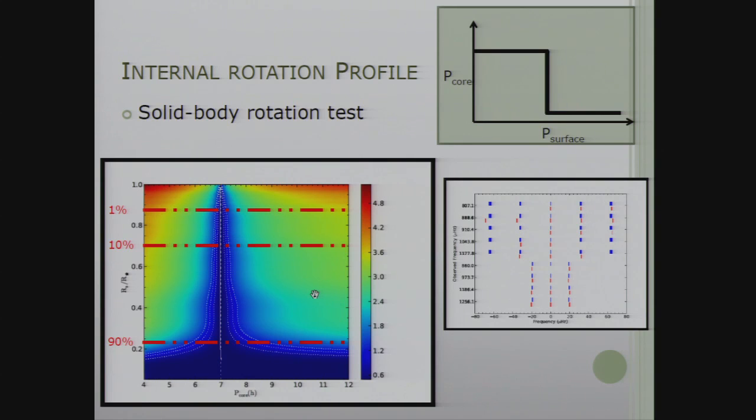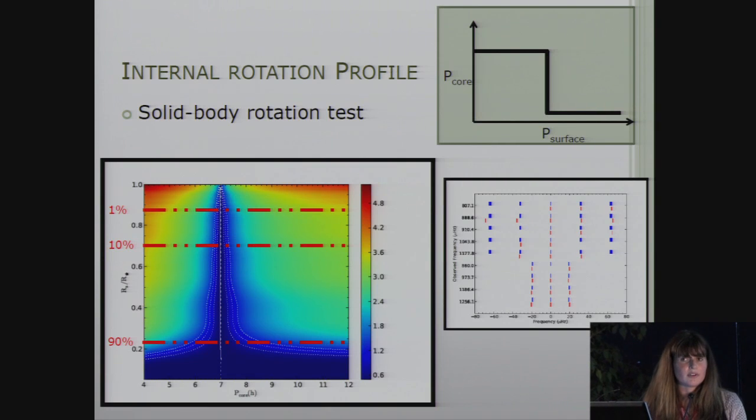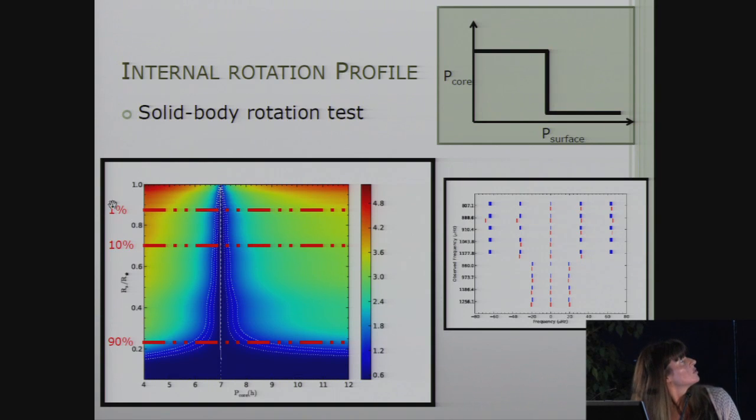I'm going to say it first: we're not doing an inversion type exercise. We're just testing if it's a solid body rotation law that governs the star. Here we have the period of the core as a function of the radius of the star. Here we have the surface, and here we have the center of the star.